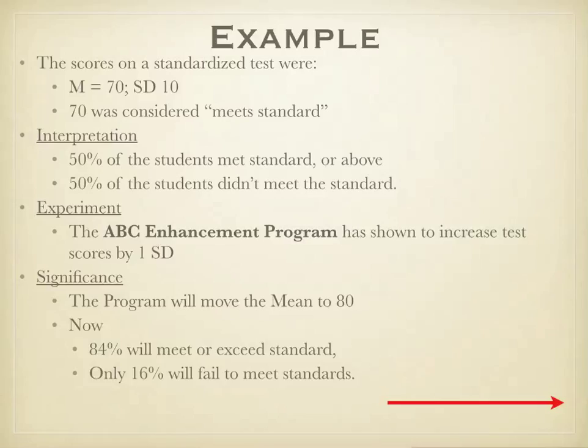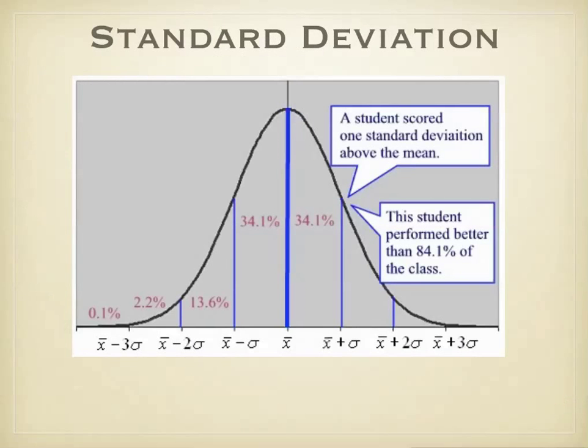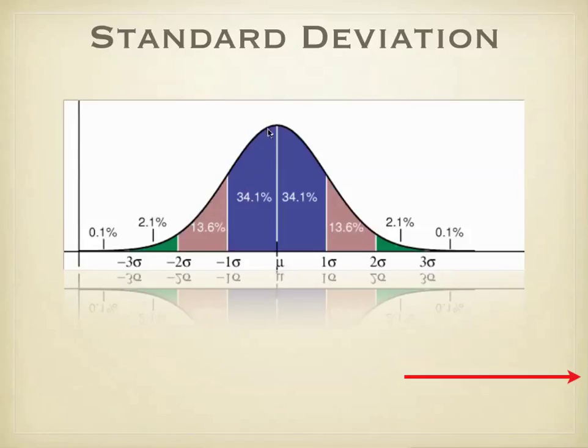So let's say that there was a particular test that was given, and to meet the standards on that test, you had to get a score of 70. Let's say that this group did average a score of 70 and the standard deviation was 10, which means if you go back to our slide, this would be 70, this would be 80, this would be 90, 100. 34% of the individuals scored one standard deviation above the mean, 34% scored one standard deviation below.